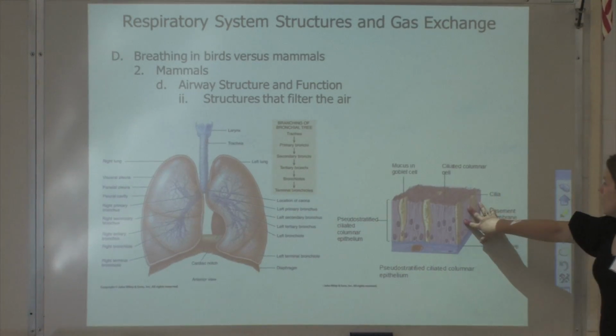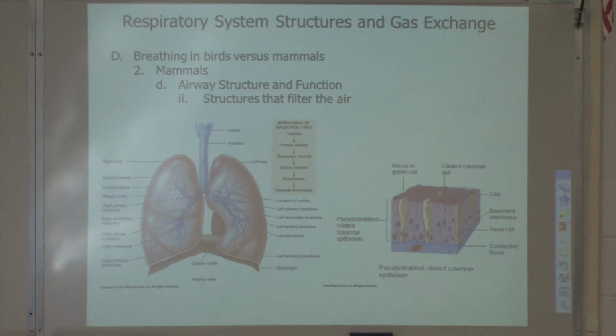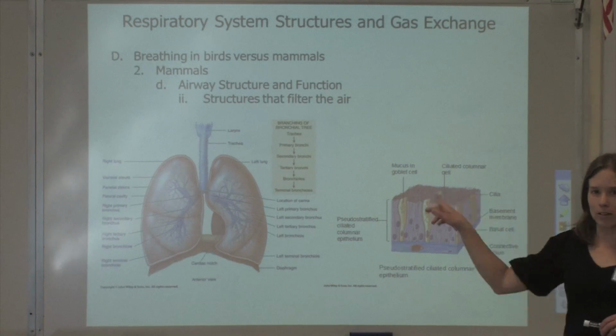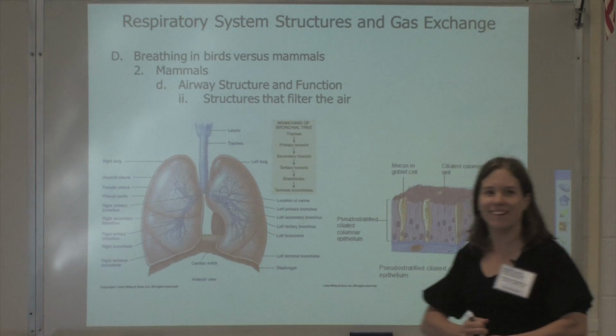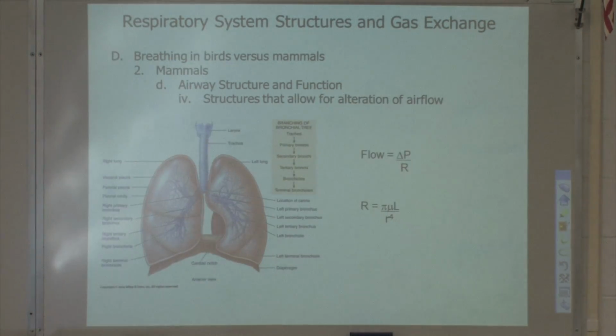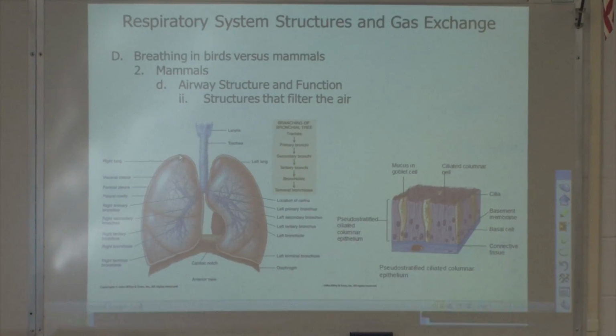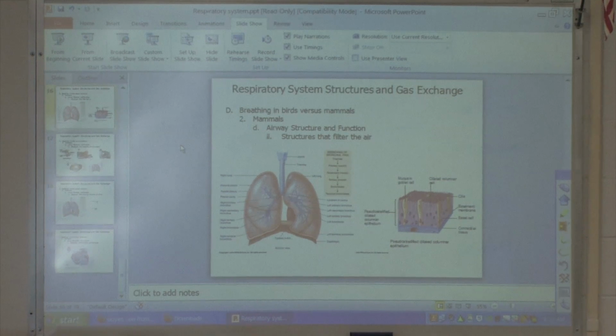This is the tissue type that is found in the airway structures that works to filter the air. It is called, and I will write this on the board after I say it, pseudostratified ciliated columnar epithelial tissue with goblet cells. Pseudostratified.